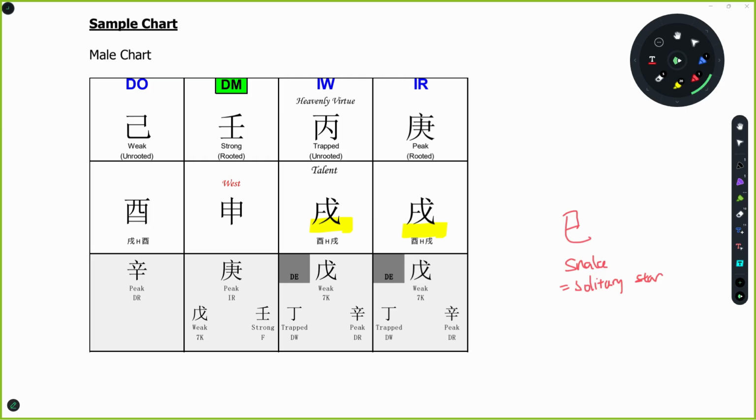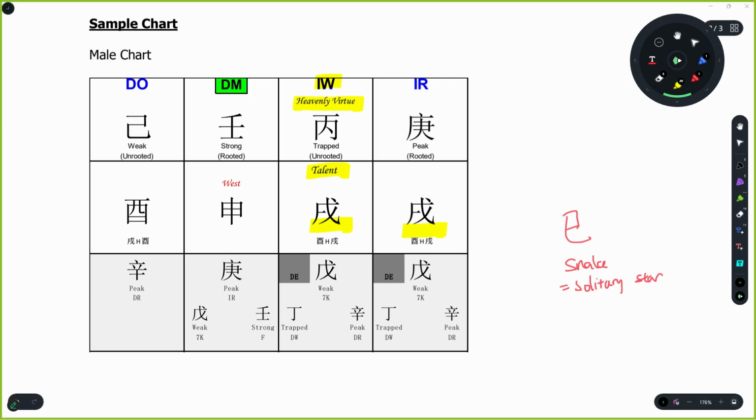And so here it has heavenly virtue and wealth side by side with the talent star. Therefore, there are many positive manifestations here. You'll find talent and heavenly virtue, and death and emptiness. So this would denote that the person's talent and heavenly virtue will still be there.